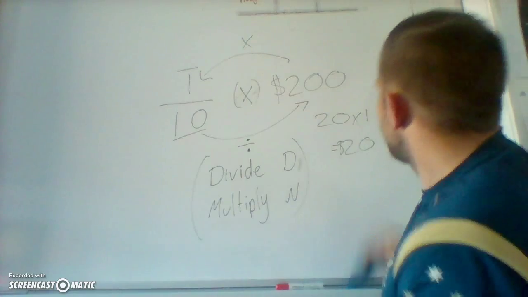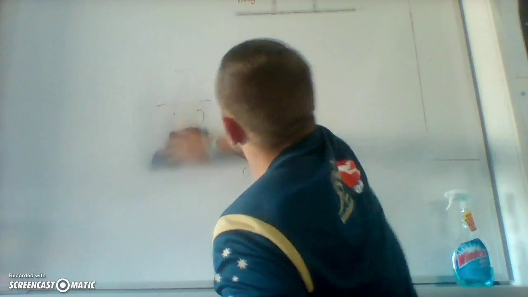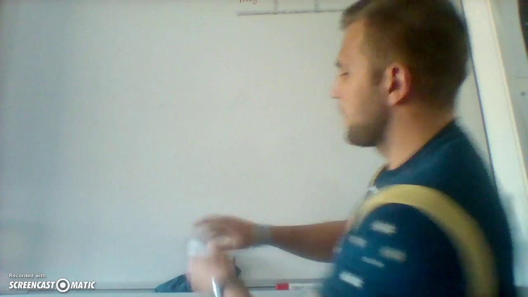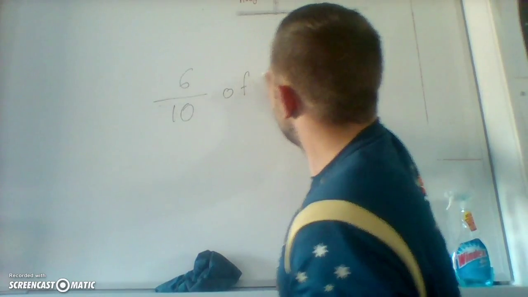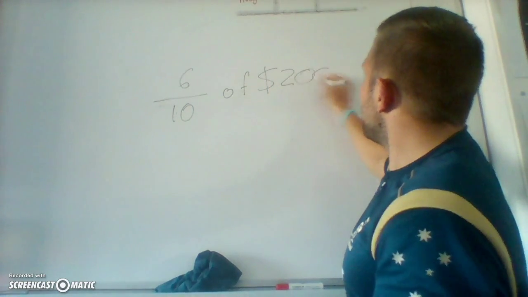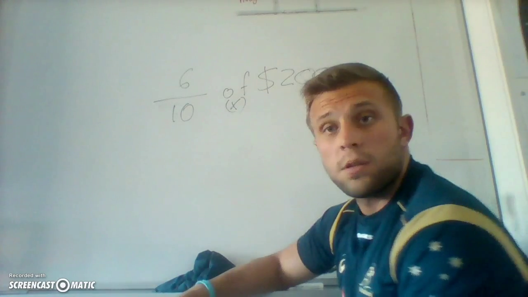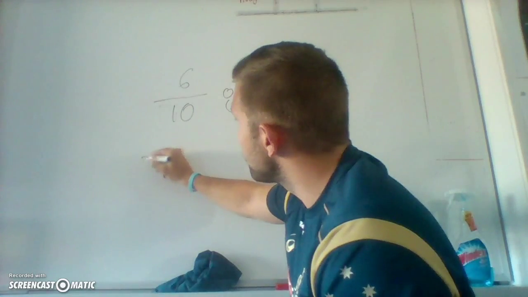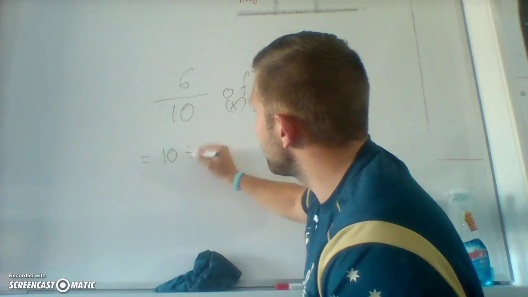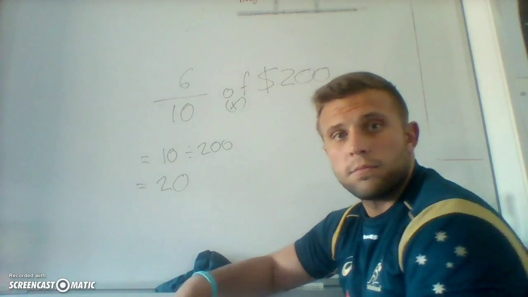If I was to ask 6/10 of $200, again, this one is multiplication. How many times does 10 go into 200? 200 divided by 10 equals 20.